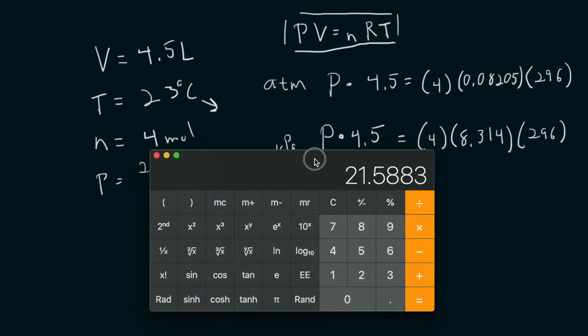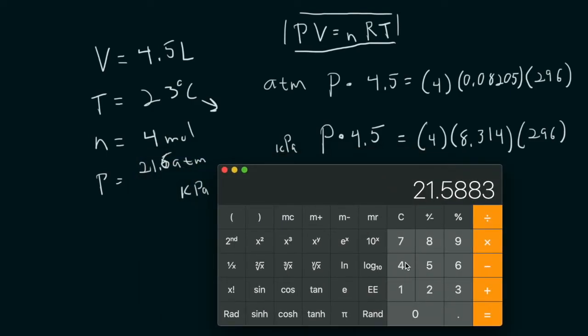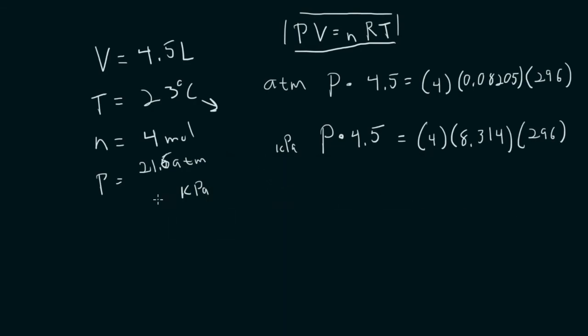This will be quite different. This will be a very different number. Okay, it'll be 2,187 kilopascals. And that should make sense because one atmosphere is about 101.1 kilopascals.